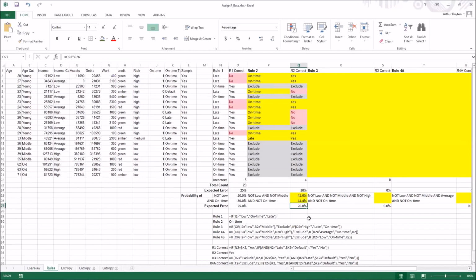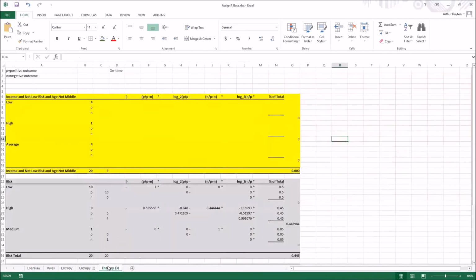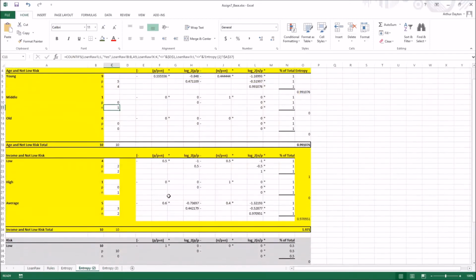So our second rule is producing a lower expected error than just the application of our first rule, so that's a good thing. So now we want to go on and see about predicting a third rule. So here we really just have our income value left, and we can again just go steal our calculations from the sheet before.